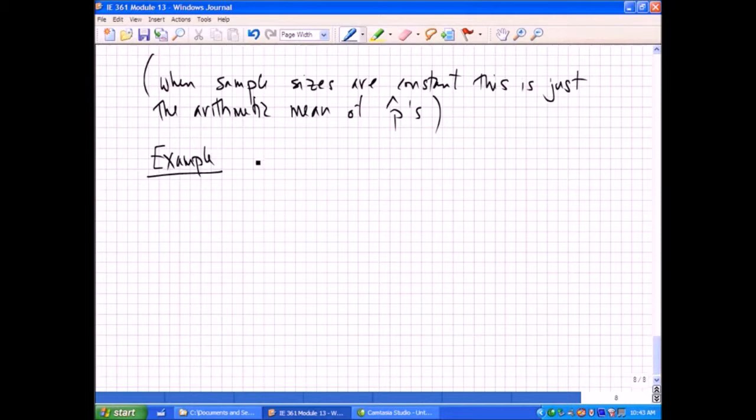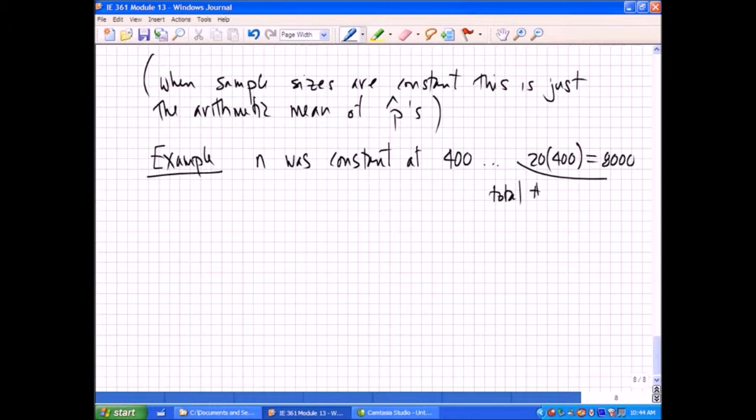I say to myself that n was constant at 400, and so since I have 20 samples represented there, 20 times 400 is 8,000, so there were 8,000 inspections represented there, and so this is the total number inspected.